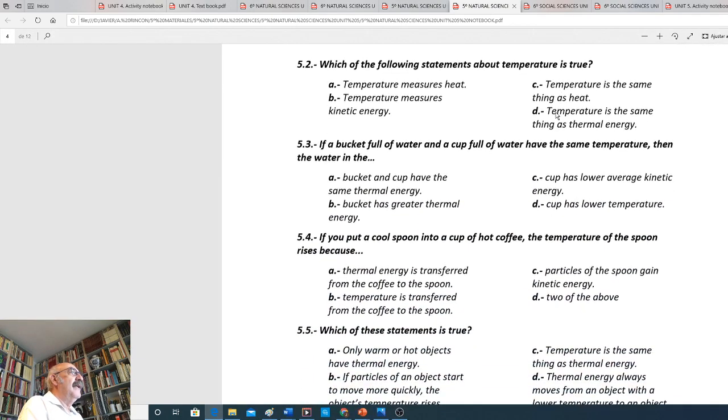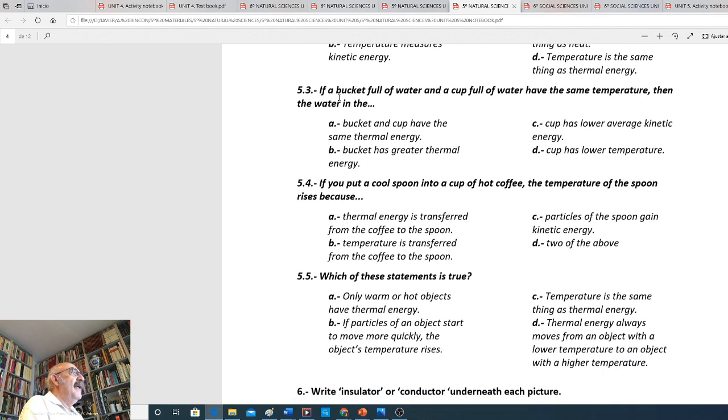Now next, 5.2. Which of the following statements about temperature is true? A, temperature measures heat. No way. B, temperature measures kinetic energy. C, temperature is the same thing as heat. No way. And D, temperature is the same thing as thermal energy. No way. So the only right answer is B. Good. 5.3.